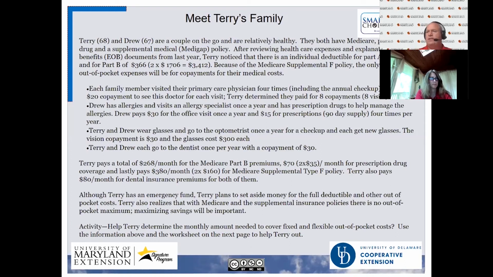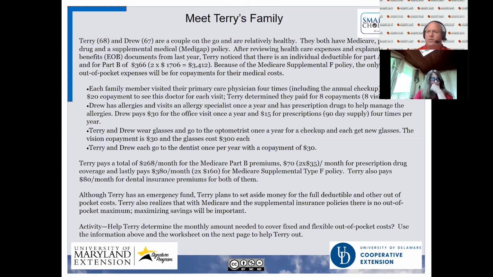Terry and Drew wear glasses and go to the optometrist once a year for a checkup, and each get new glasses. The vision copayment is $30, and the glasses cost $300 each. Terry and Drew each go to the dentist once a year with a copayment of $30.